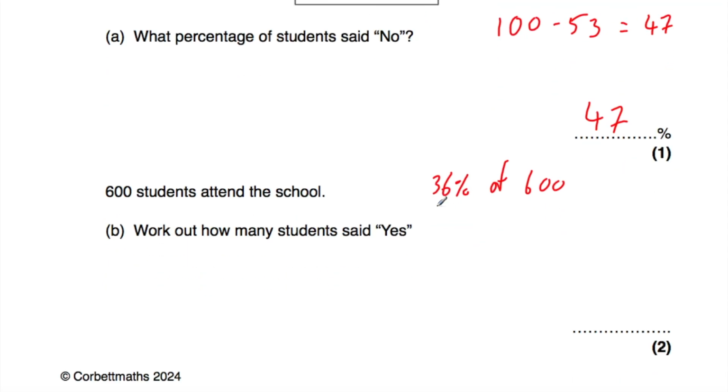To find 36% of 600, we take the 600, we divide it by 100 to find 1%, and 600 divided by 100 is equal to 6, and then we multiply that 6 by the percentage we want, which is 36. 6 times 36 is equal to 216. So that means that 216 students said yes, they did want a new school uniform, and the rest either said no or unsure, and that's it. So in this question we were asked how many students said yes.